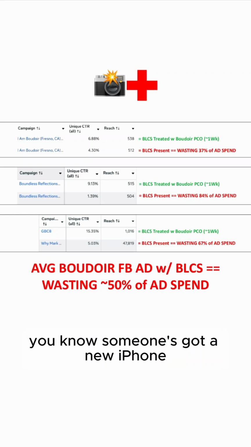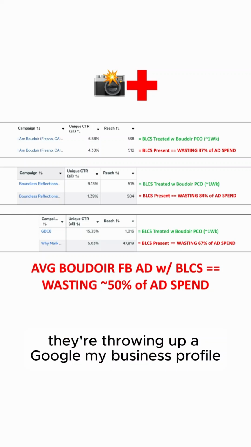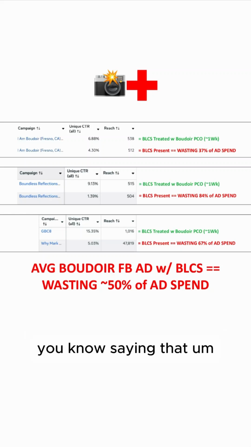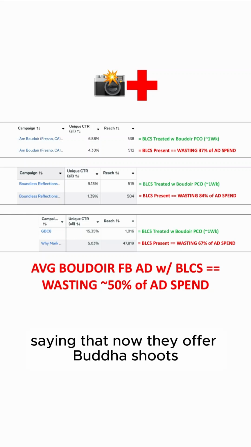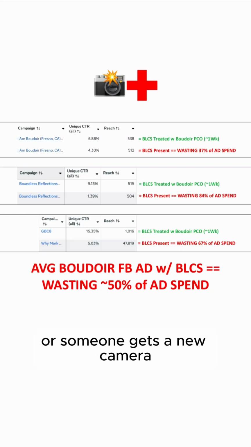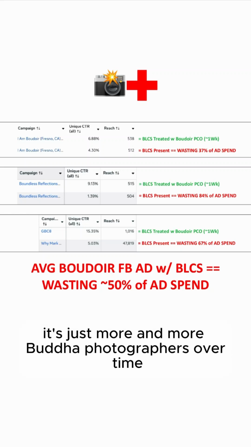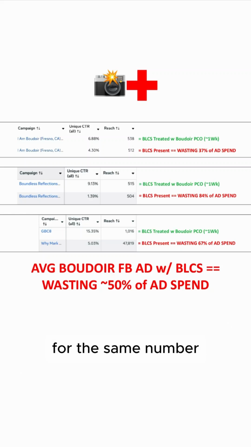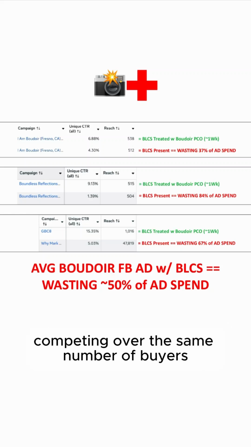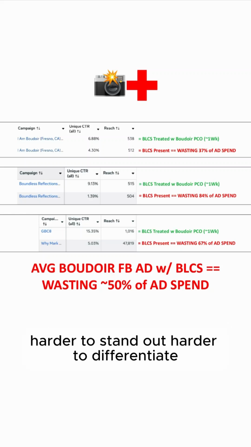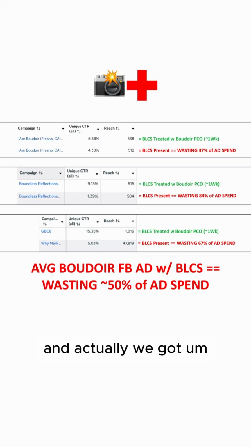Someone's got a new iPhone, they're throwing up a Google My Business profile saying that now they offer boudoir shoots, or someone gets a new camera, now they're posting in the mom groups that they offer boudoir photo shoots. So it's just more and more boudoir photographers over time, competing over the same number of buyers, harder to stand out, harder to differentiate.